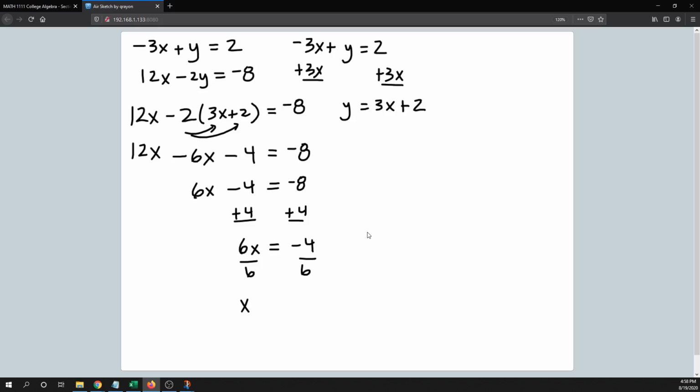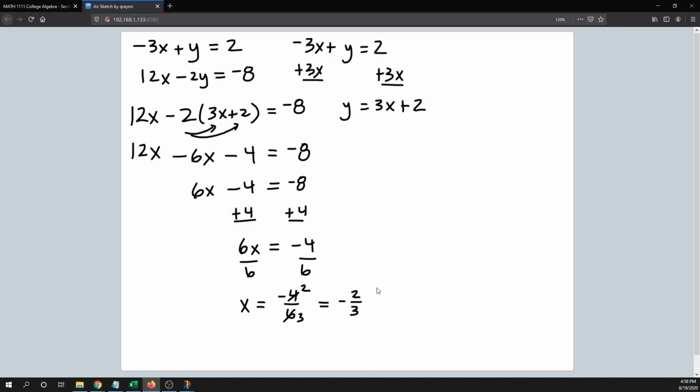On the left side I'll have just x, and on the right side I'll have negative 4/6. Don't forget to reduce that. 4 and 6 are both even, so they're both divisible by 2. 2 goes into 6 three times, 2 goes into 4 two times, and so that will be minus 2/3.